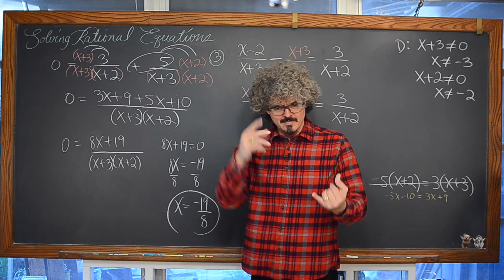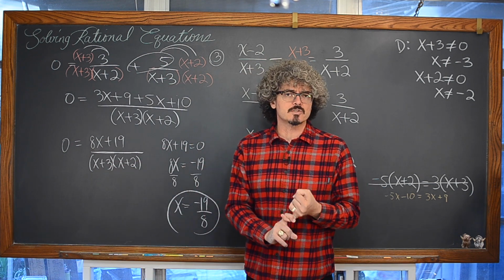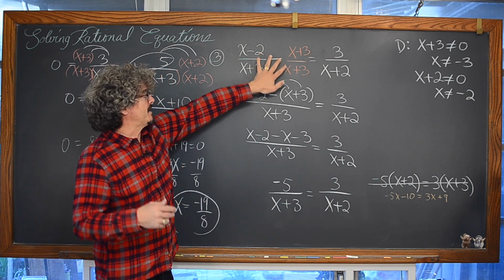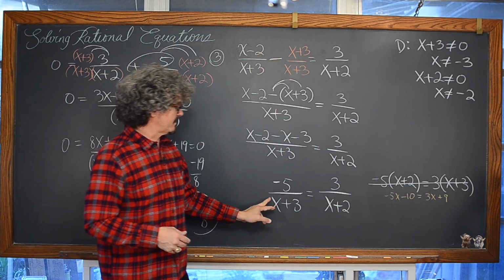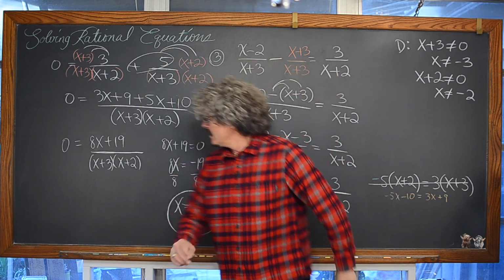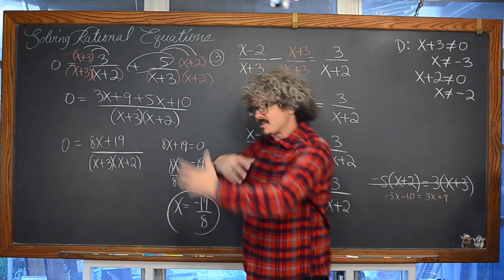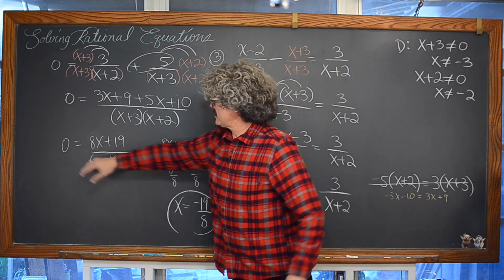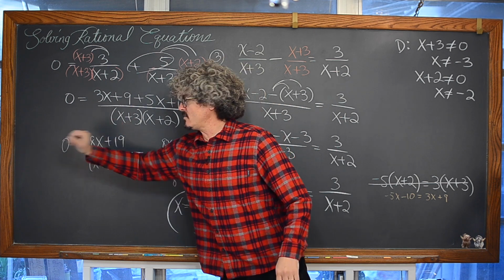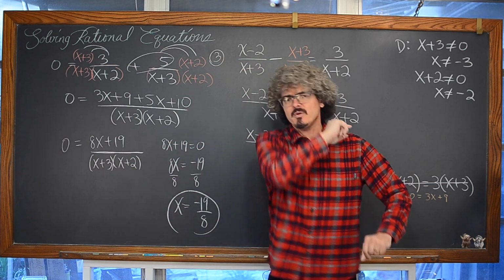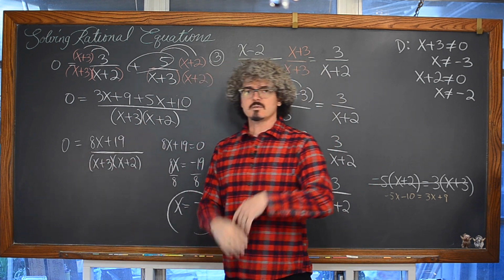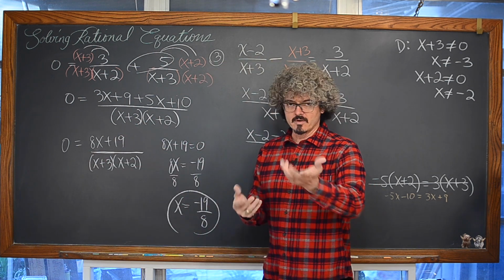Now, yes, the first two problems we did were much quicker. Yes, once we decided to add our two fractions on the left-hand side, whenever you have one fraction equal to one fraction, you can solve that with cross multiplication. But this extension, where we're getting it set up so that this original problem is written such that we have a single fraction equal to 0, is important if we were comparing it to an inequality where it had to be greater than or less than 0, or greater than or equal to.